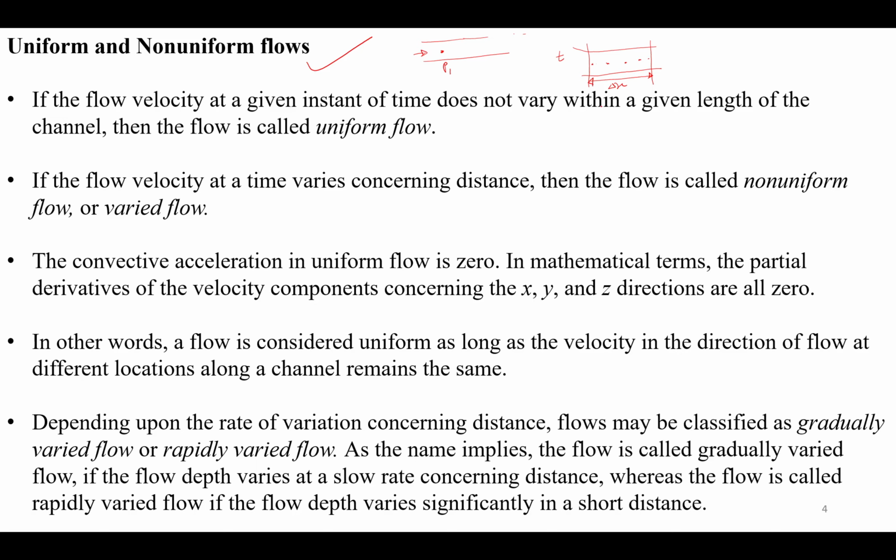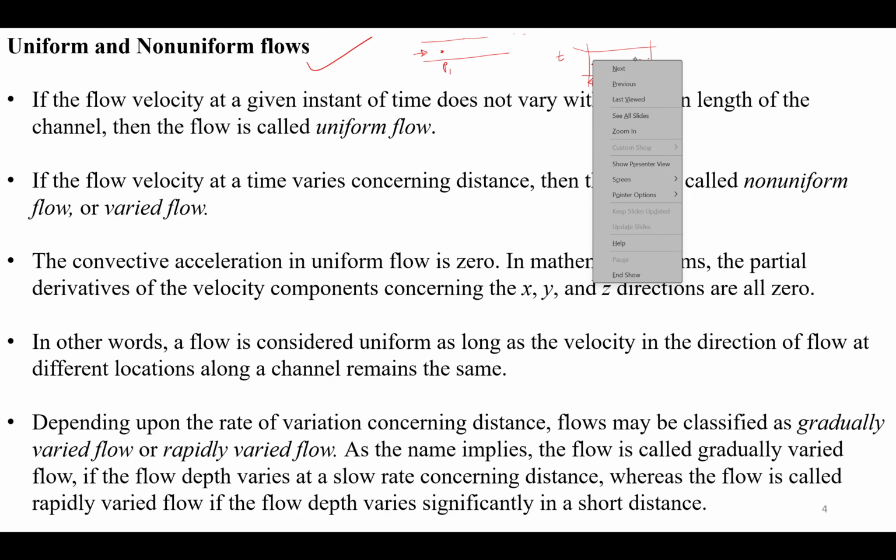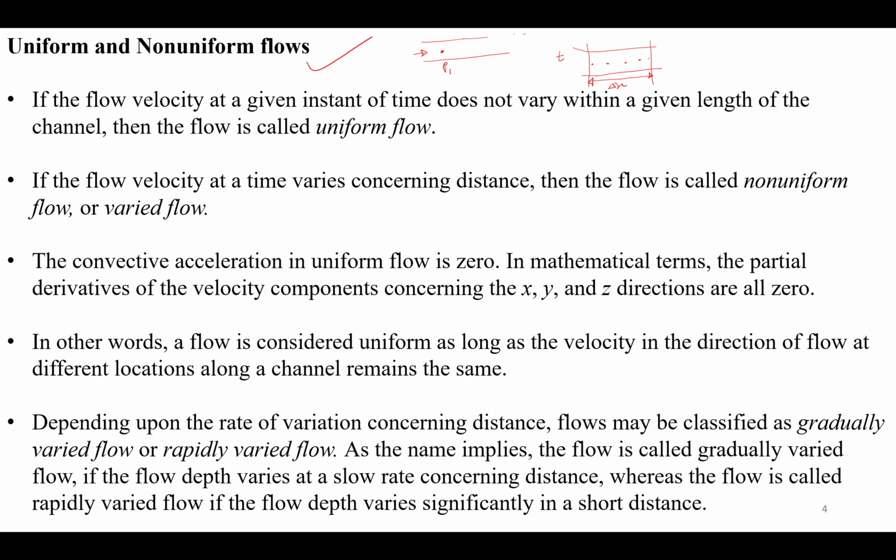In between delta x, the velocity at a particular time will be similar. Let us suppose at this point 2 meters per second, here also 2 meters per second, 2 meters per second everywhere. So if the flow velocity at a given instant of time does not vary within a given length, delta x, of the channel, then the flow is called uniform flow.